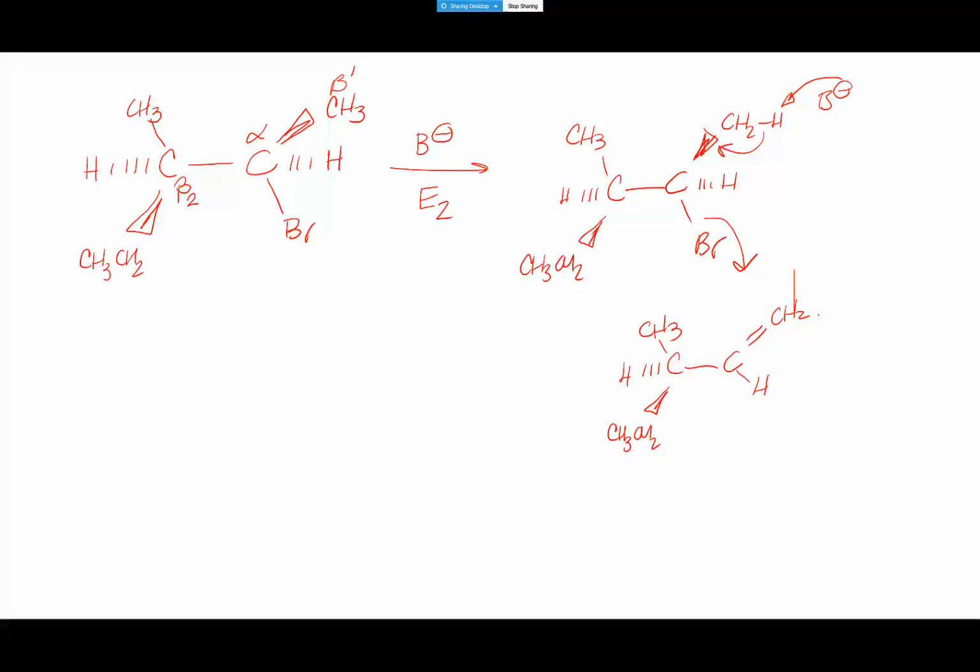We agreed that a double bond could form there. So a double bond could be formed between the alpha carbon and beta carbon 1, and that's what the product would look like.